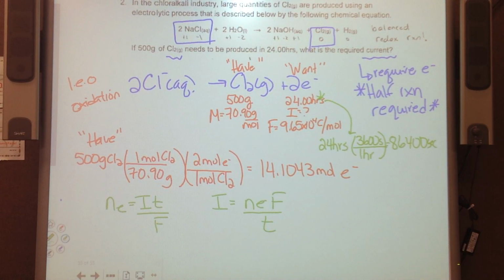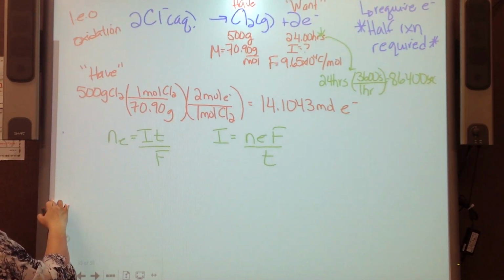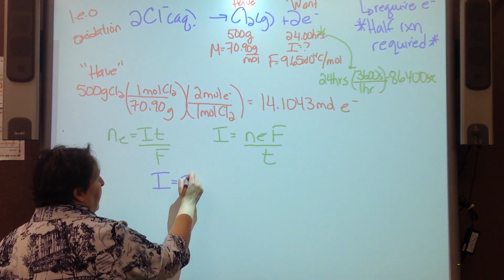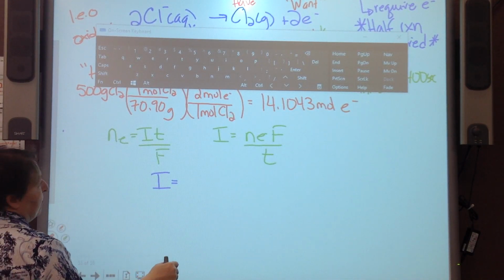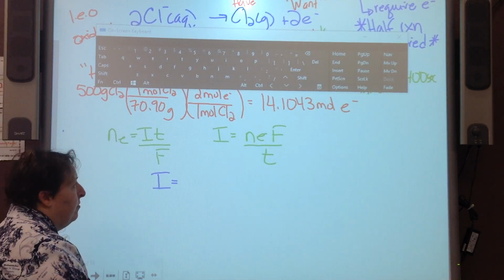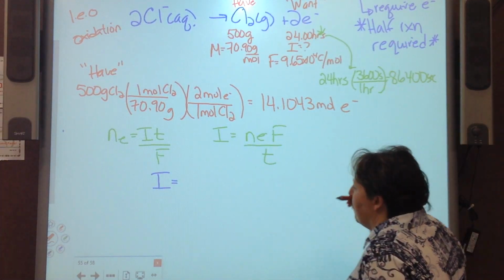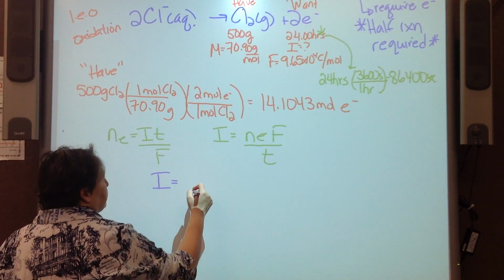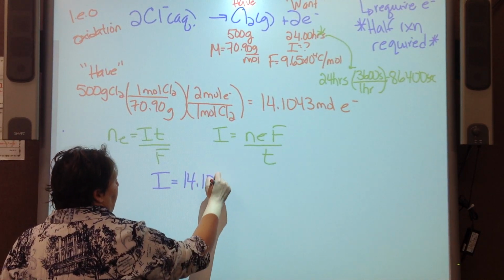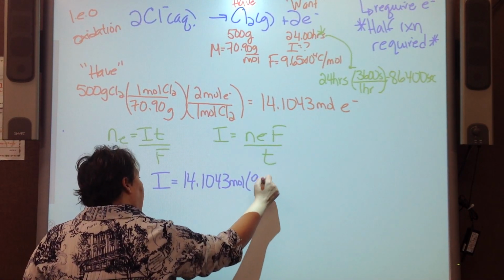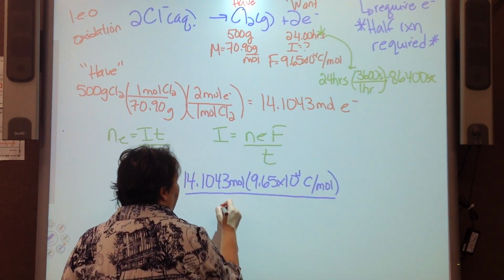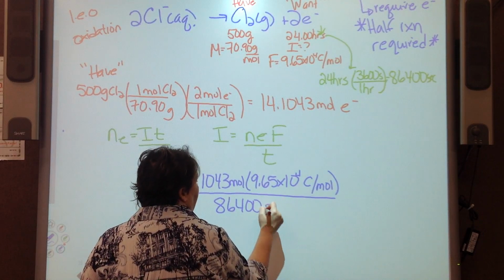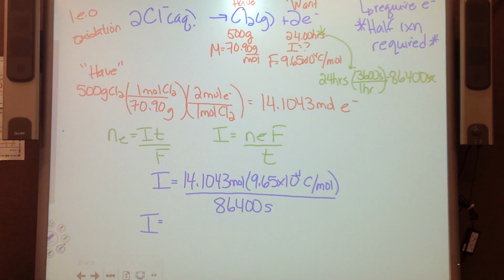When I rearrange the equation to isolate for I, what do I get for our current value?